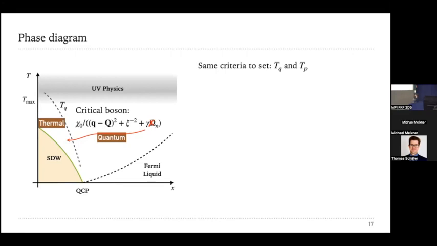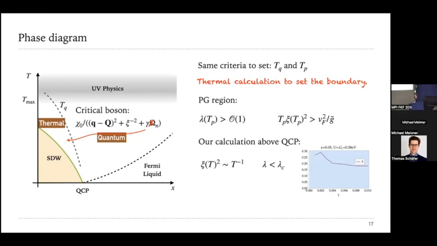And we can further show that this crossover temperature TQ is comparable to the pseudogap scale. This gives us the confidence that it's enough to use this thermal calculation to set a boundary for the pseudogap behavior. And in particular, we look closely at what happens right above the quantum critical point.